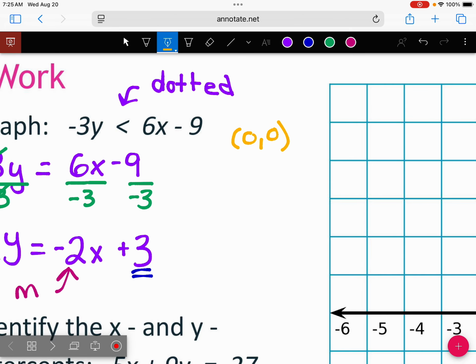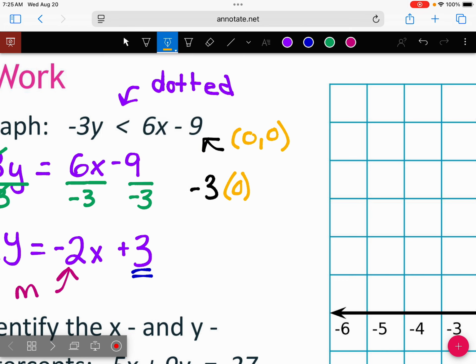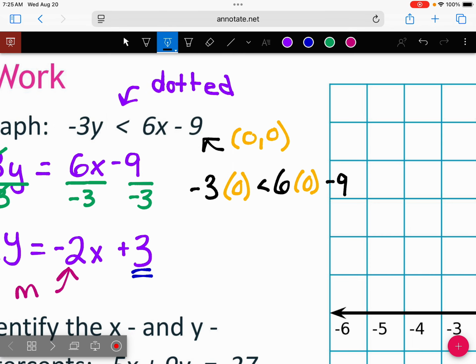We're going to test that, but we're testing it in our original inequality. So we're going to have our minus 3 times 0, because that's our y value. And we want to know if that's going to be less than 6 times our x value of 0 minus 9. We want to know if this is going to be true or not. So negative 3 times 0 is what? 0.